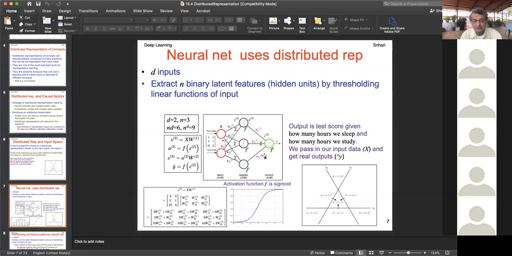Depending on the input, one of these regions is going to be 1 and the other region 0, because the input falls in that region. So this is basically what a neural network does, and it is using a distributed representation, where the concept is distributed over those three hidden units.